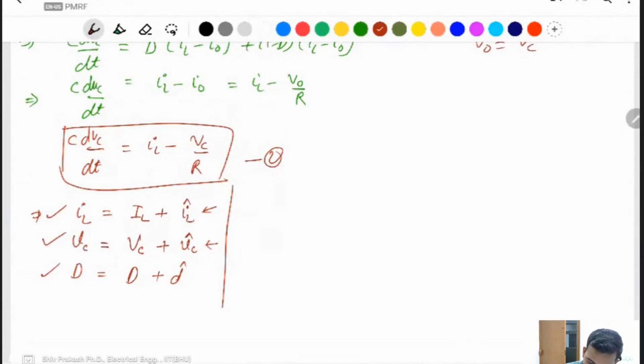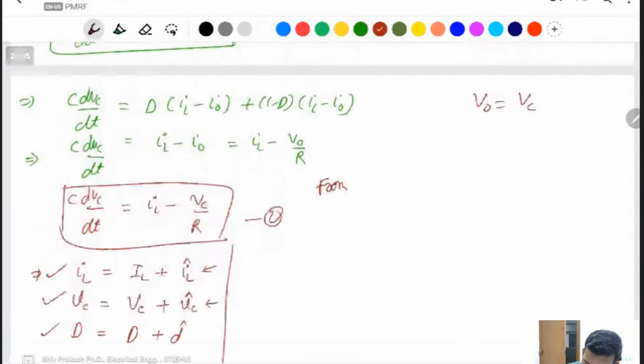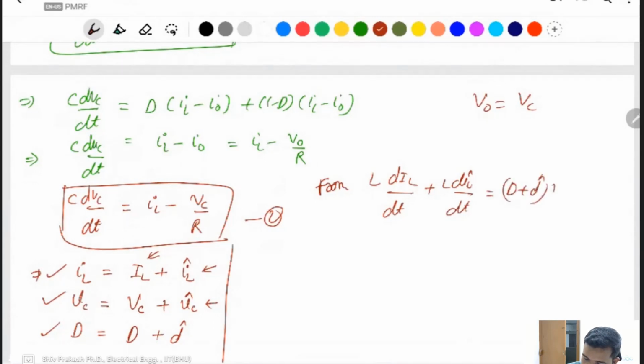Then, in the question, from equation number one, apply IL and D: L d(capital IL) by dt plus L d(small IL cap) by dt is equal to (D plus D cap) Vs minus V naught, where V naught is replaced by capital Vc plus Vc cap, the average plus the perturbation.